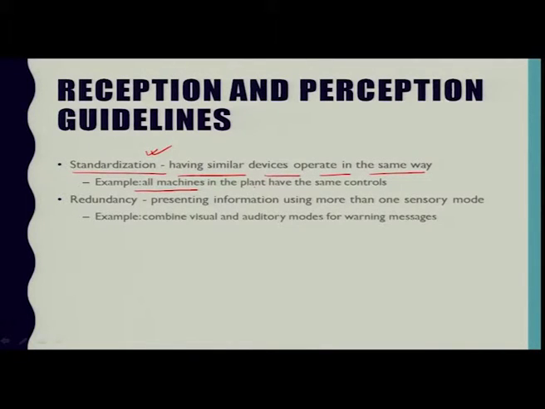Another example of standardization is color coding, like the color coding of electrical wiring, or the labeling of hazardous substances.